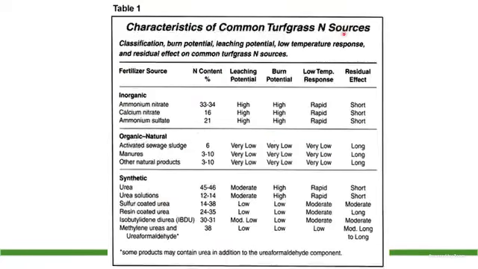This slide here is an overview of some common turfgrass N sources, and this is broken down chemically into whether they're inorganic, natural organics, or synthetic organics. Now, this chart is using the chemical definition of organic, which is a molecule that contains carbon. Okay. The general public's definition of organic would be what's listed here as natural organics.